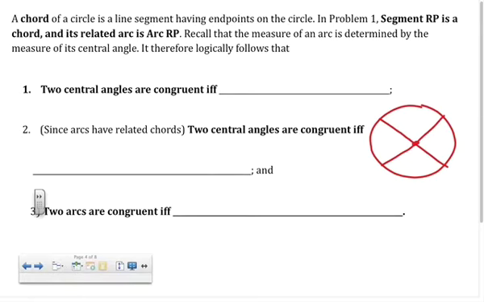Remember also, vertical angles from way back in chapter 1 are congruent. So if these two angles are congruent, and the arcs related to them have the same measure as the angles, it should make sense. Two central angles are congruent if and only if their intercepted arcs are congruent.